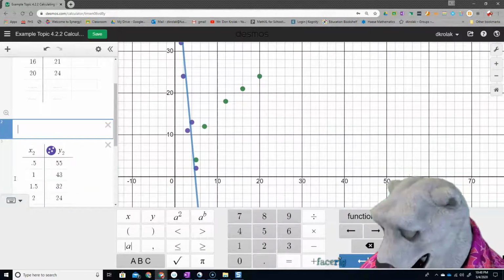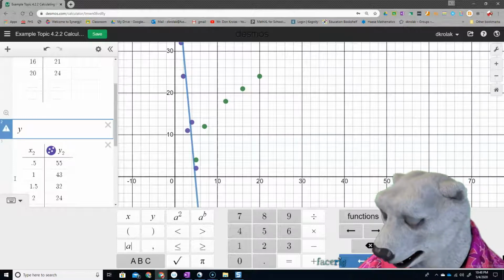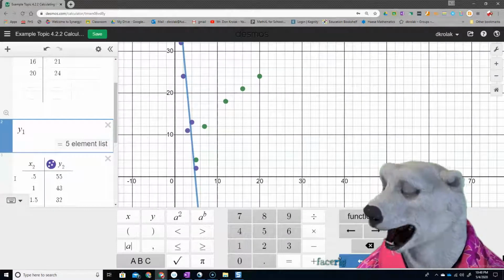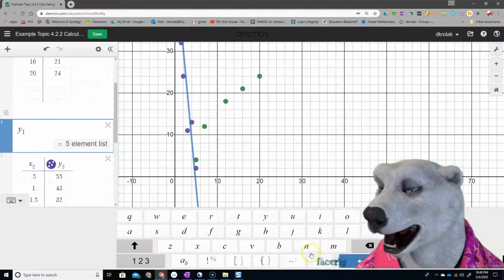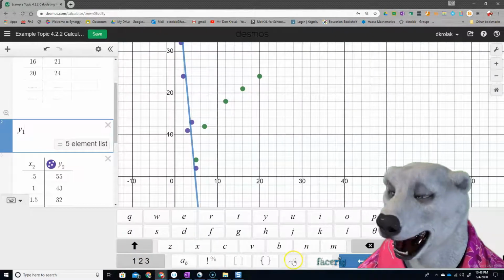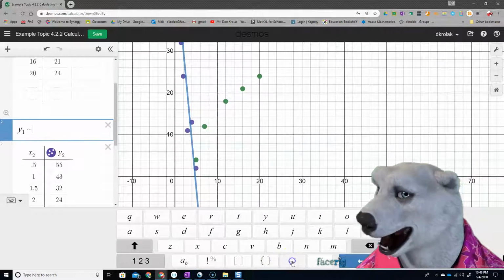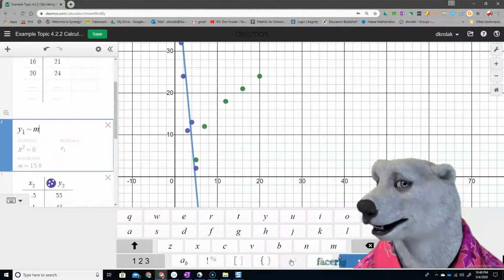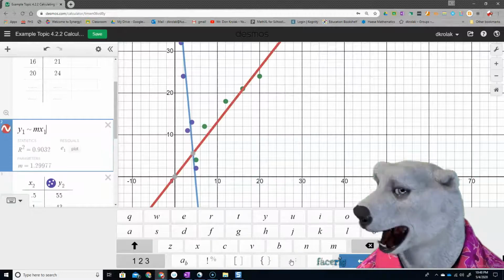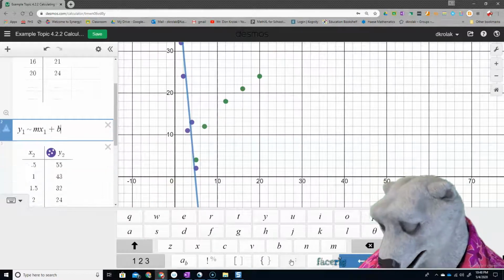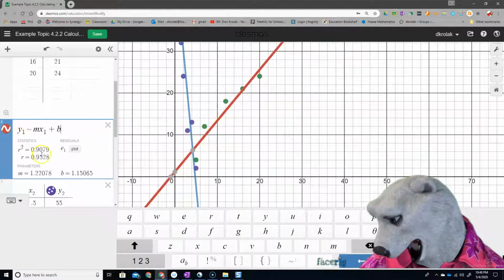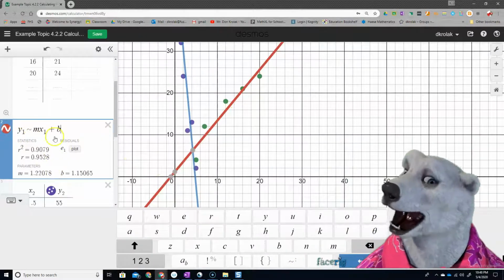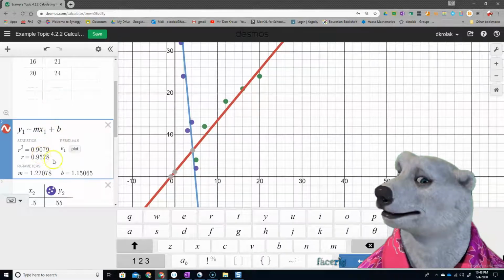Okay, I go Y1, and then I put in the tilde symbol. On my keyboard here, you see it down here by the parentheses. And then I go mx1 plus b. And there's my stats and my line in red for that first table of data.